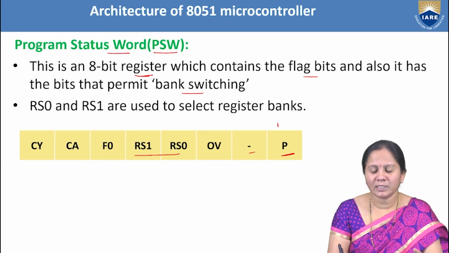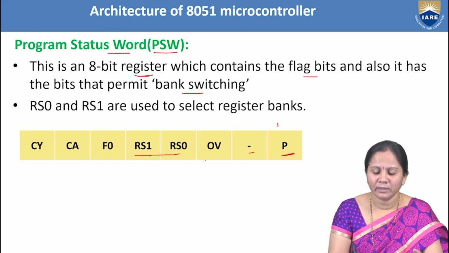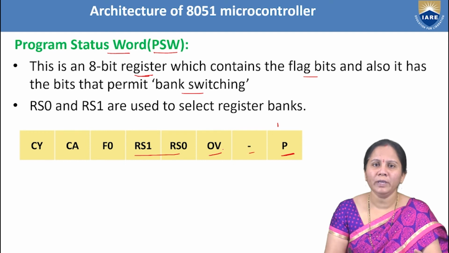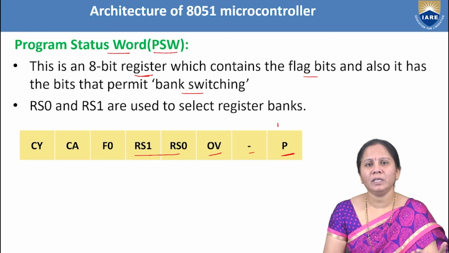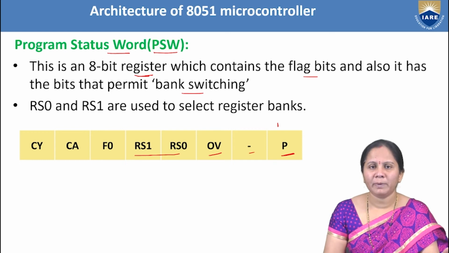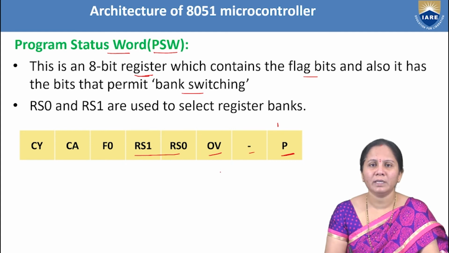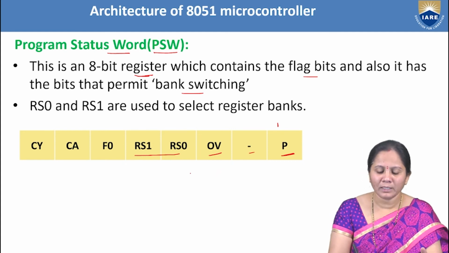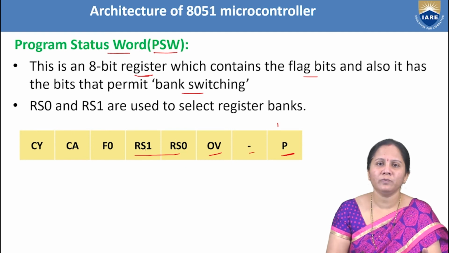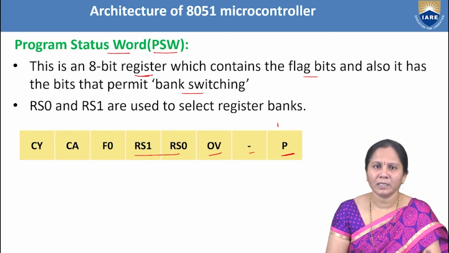Another flag is here, which is not defined. The next one is OV, which says overflow. For example, if you are performing any 8-bit operation but the result is more than 8 bits, that means it is not able to fit in the register size, then we say that the overflow flag bit is set. And these RS0 and RS1, these 2 will select the register banks.